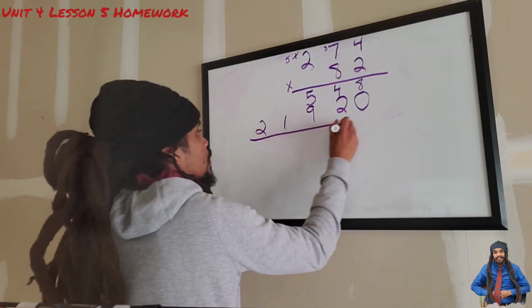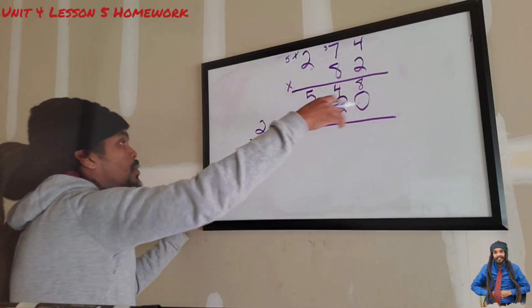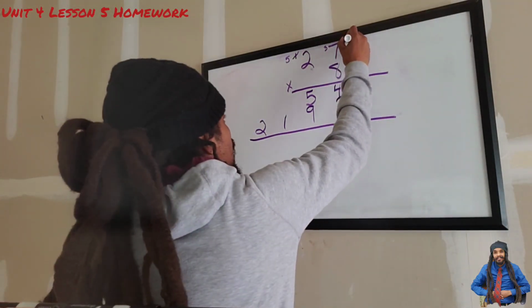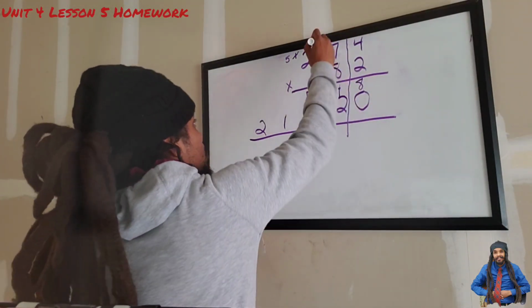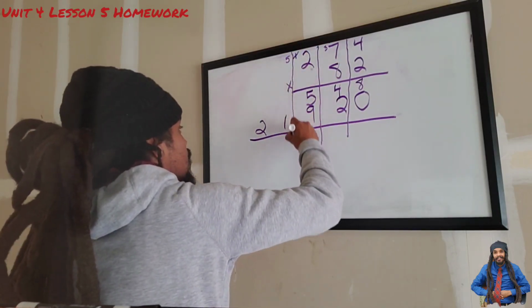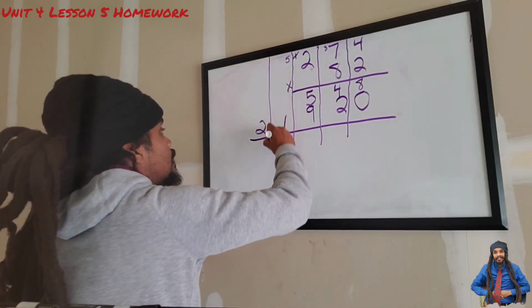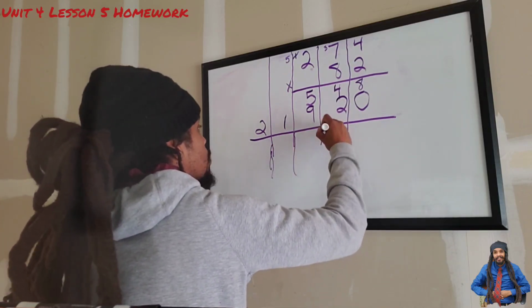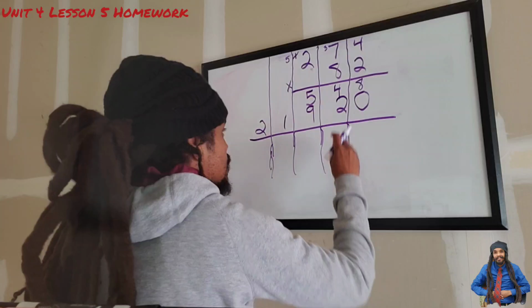All right? So now we got our first row, we got our second row, we got our spacing. If I wanted to, I could literally draw all the way down here, because I got so much space that I won't have any confusion when I go to add my numbers, okay?